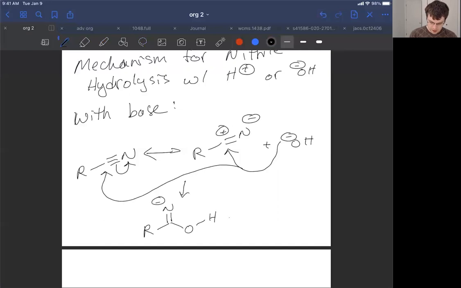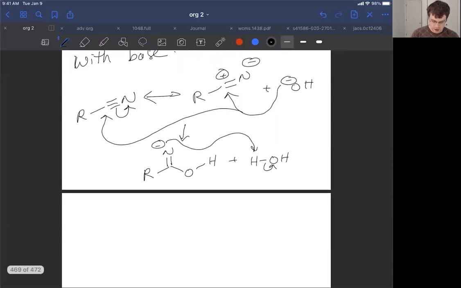Okay, now it's at this point that we probably see a deprotonation here, and that's going to give us this species, which is highly unstable. We don't even need to show base adding here. Hydroxide, we could just have neutral water. I'm going to consider a resonance structure where I push the carbon-nitrogen electrons up.